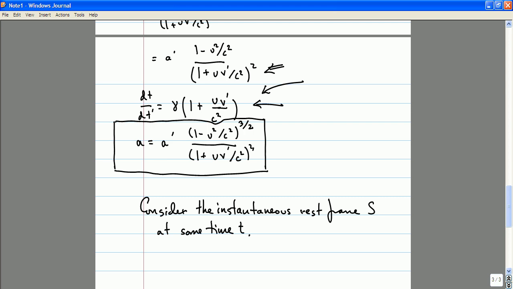That means that at that point v is equal to 0, or in other words, v prime is equal to minus u. Remember, because v was v prime plus u over some denominator.